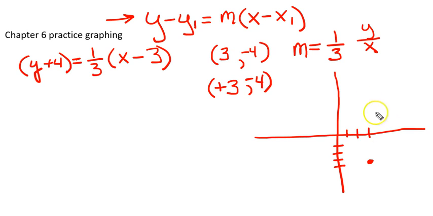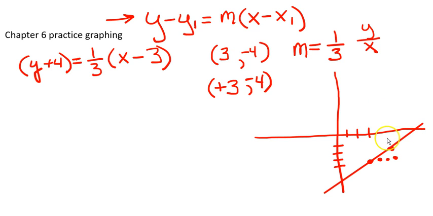And it's positive, so I'm going to have to go over from this point 3 places, 1, 2, 3, I do this mentally, and then I go up 1. So you'll put that on the first slide, and then you're going to have to remember where that is, then go over 3, and then up 1, and put that second point there, and then the line forms. And you end up with something like that.